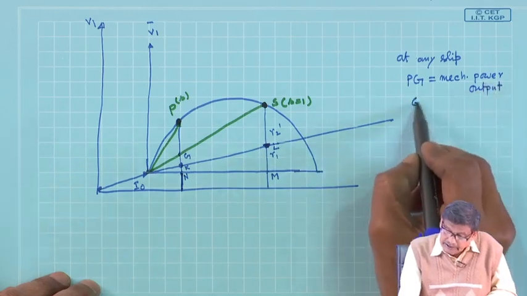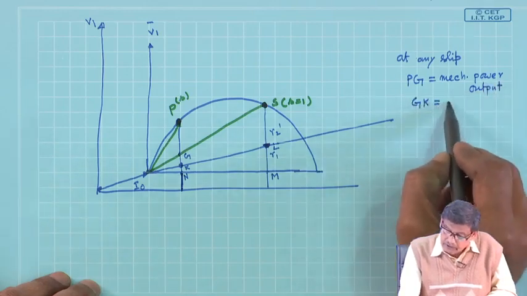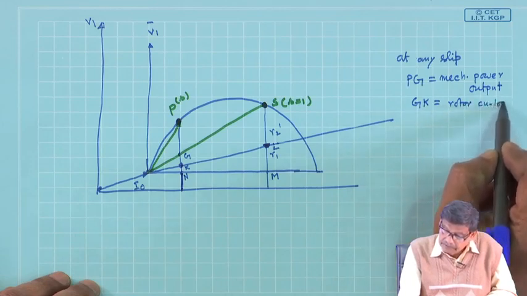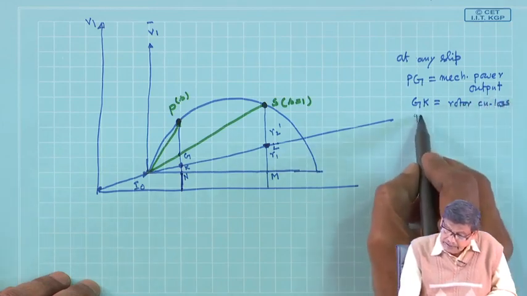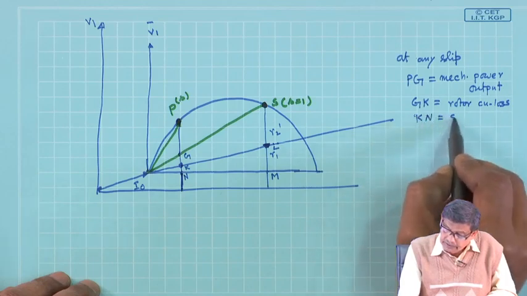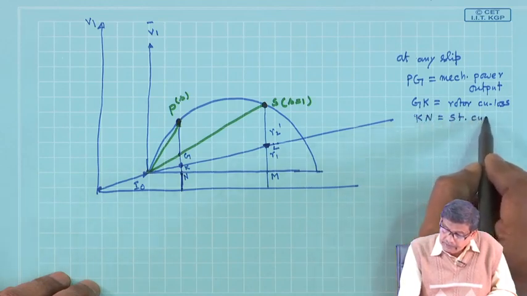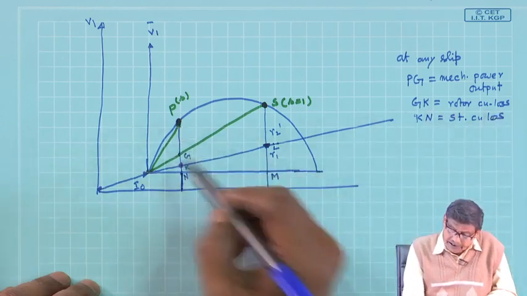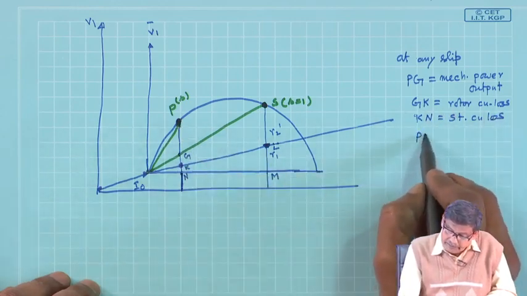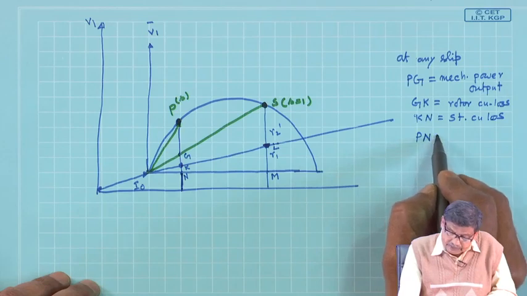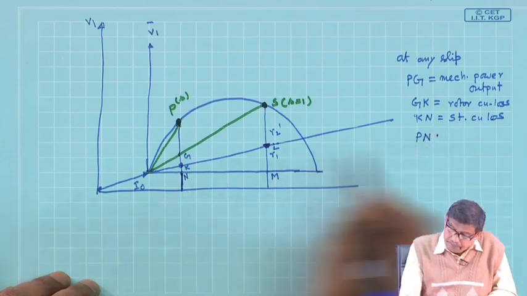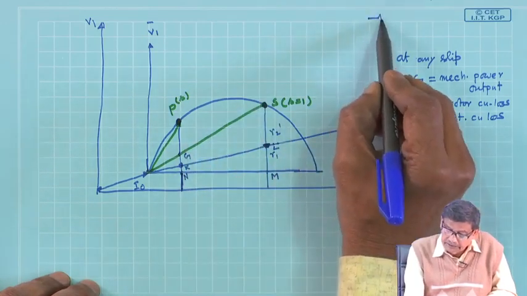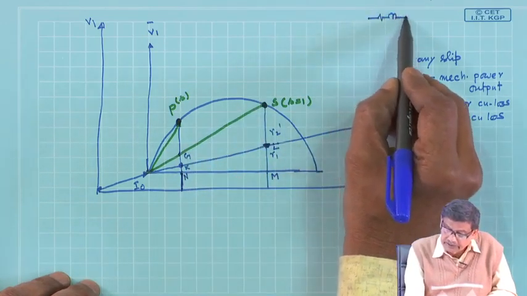The length Gk is the rotor copper loss, and length Kn is the stator copper loss. And Pn is the power input into this series part of the circuit.